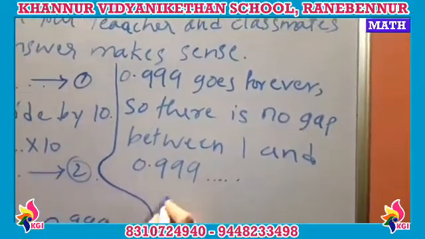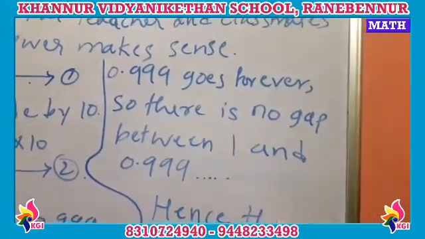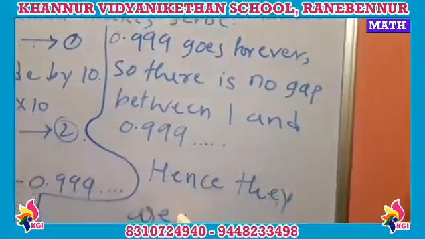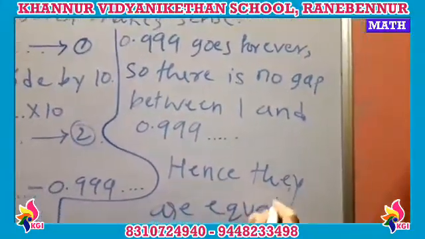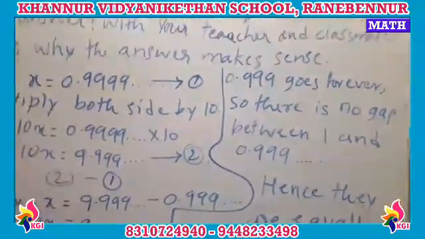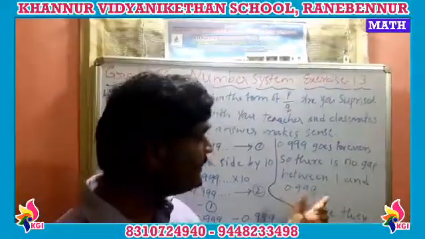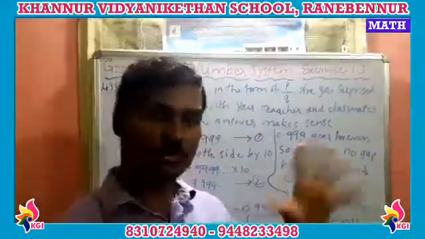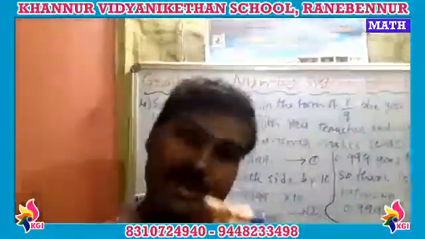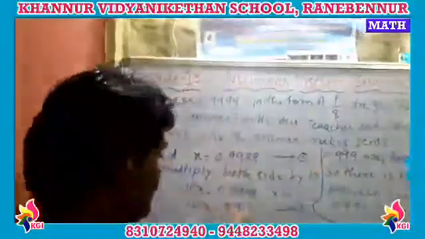Hence they are equal. In maths we are always particular about answers, right? So now you see here, the answer is that 0.9999 is equal to 1. According to us we will not leave anything, so 0.99 nearly we take as 1 now. Why? Because of this reason. Like that, we have the proof.